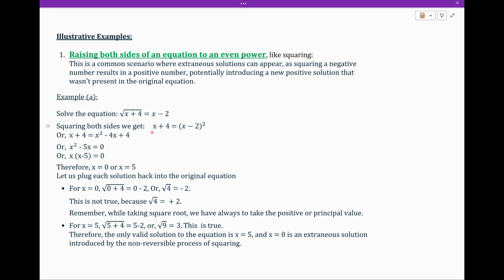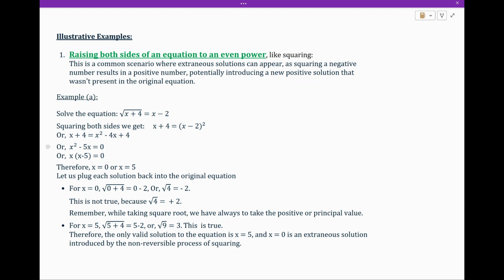Then we get x plus 4 is equal to (x minus 2) whole squared, or x plus 4 is equal to x squared minus 4x plus 4.